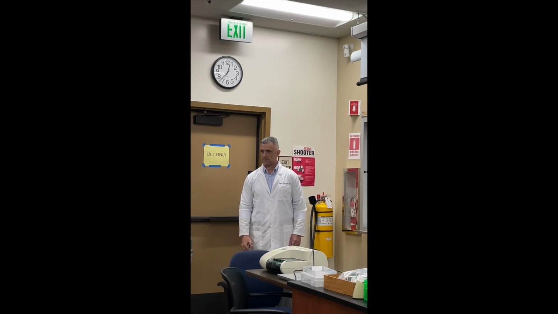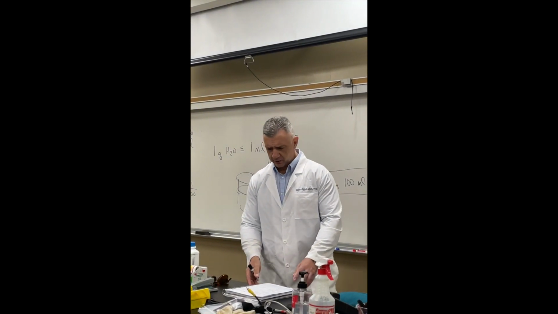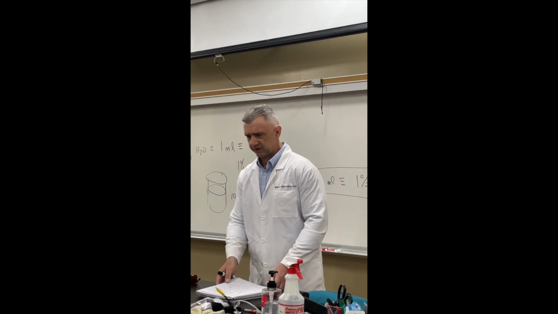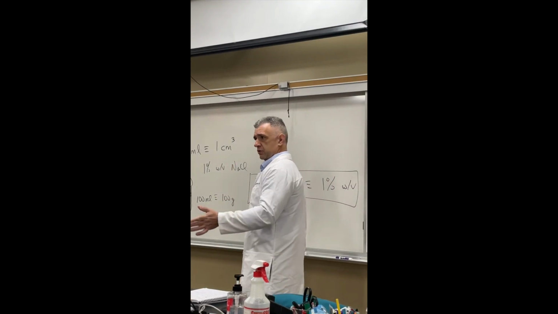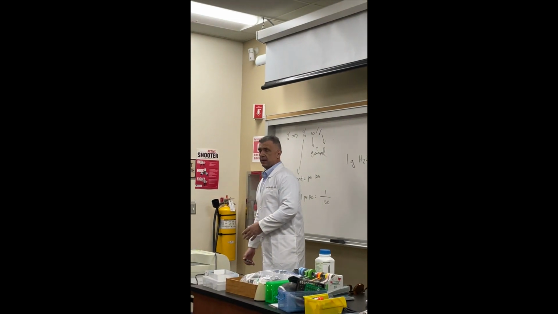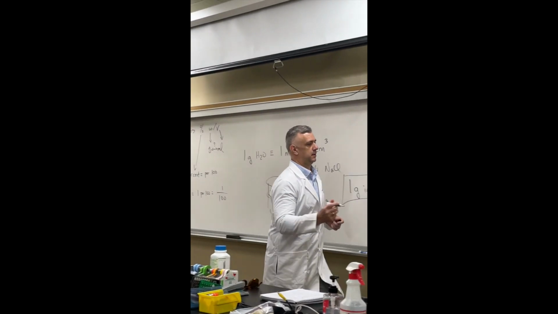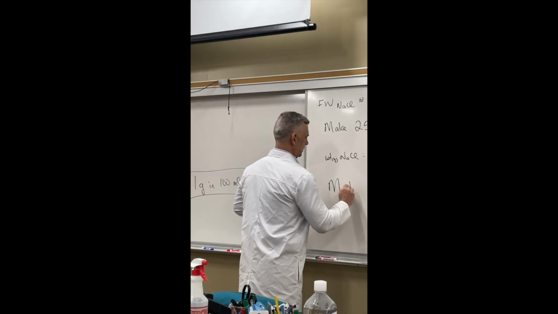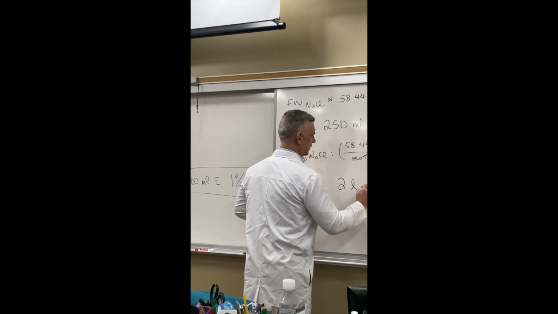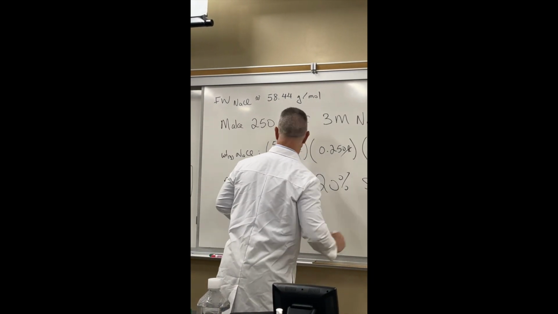Okay? Right. So, one solution that we make a lot in the laboratory is an aqueous solution of sodium dodecyl sulfate, which is a detergent. That comes in a powder, and so make 2 liters of 20% SDS.